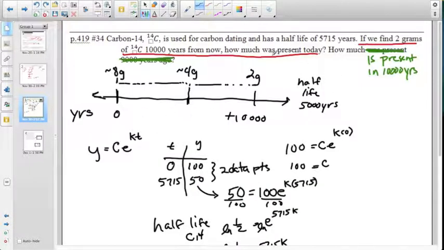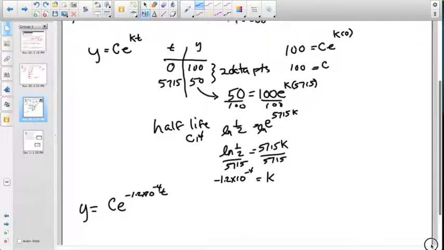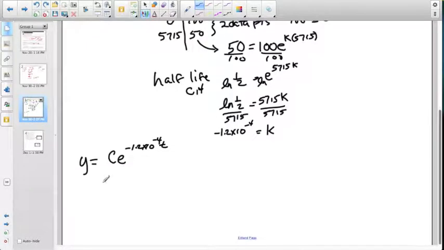So going back to this original question, you find 10,000 years, you find 2 grams, really specifically how much is present today, almost 2 half-lives later. We've got to come up with that initial condition. So we know that when t equals 10,000, y equals 2, and we don't know what our initial condition is, and so we're going to have to solve for that.